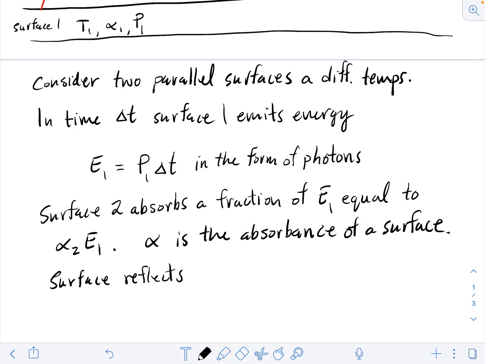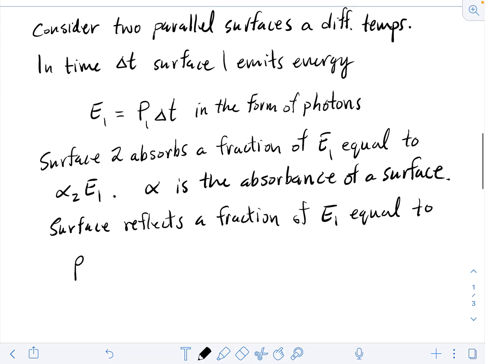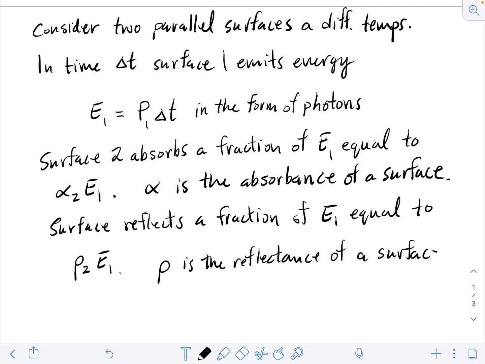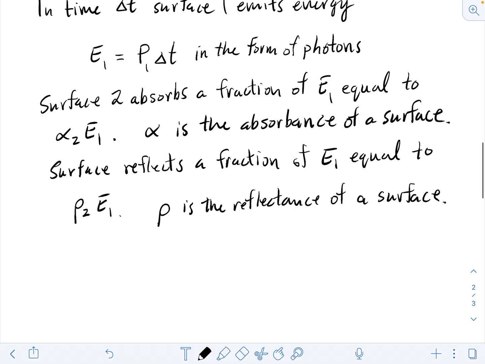So surface 2 also reflects a fraction of E1, and the reflected amount is rho times E1, where rho is the reflectance of a surface.